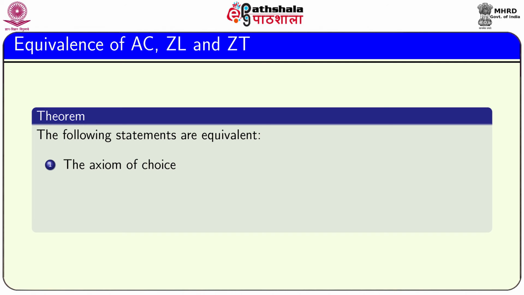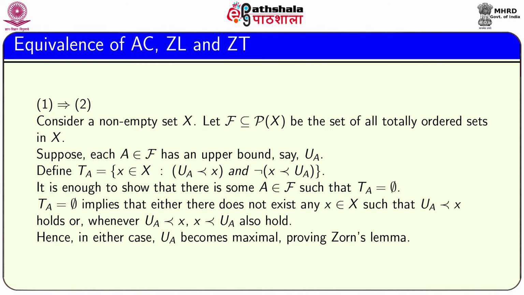Now, the following statements are equivalent. The first one is the axiom of choice, the second is Zorn's lemma, and the third one is Zermelo's theorem. First, we prove the implication of Zorn's lemma from the axiom of choice.